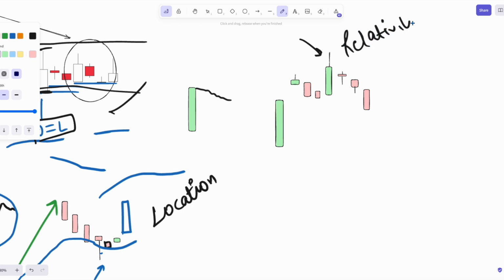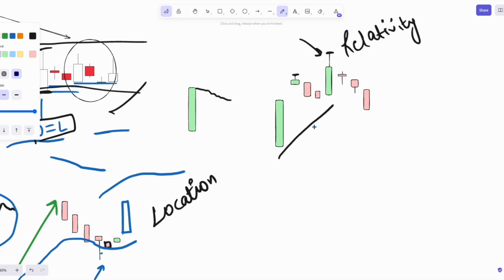relativity kicked in. Because this is a part of the expansion, relativity kicked in. And it made the price go further away from the moving average. This was taking you away from the moving average, right? Till this point. This one made this high, took you further away from the moving average.